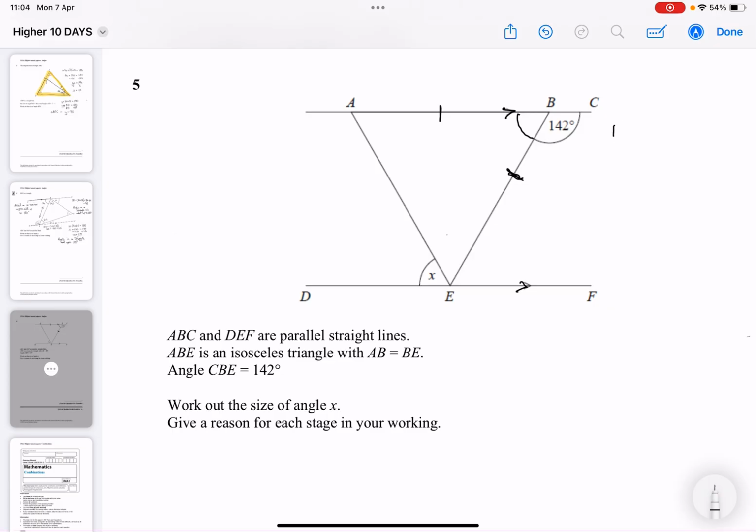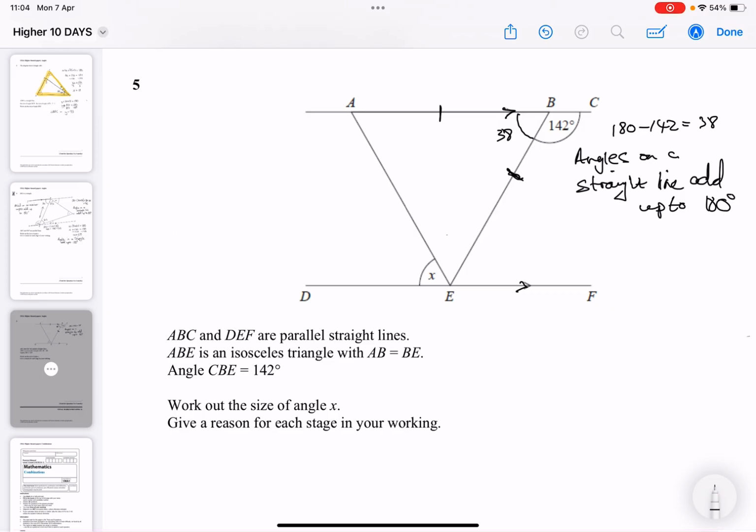So 180 take 142 equals 38. So this angle here is 38. Angles on a straight line add up to 180 degrees.